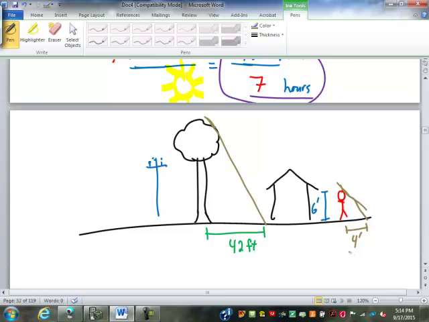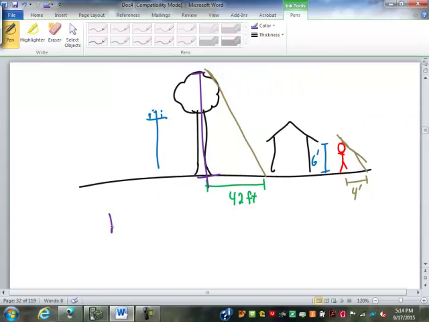Well, how can we use that to figure out how tall the tree is? Well, because we're looking at the ratio of height to shadow. So Pete's height is 6 feet to a shadow of 4 feet.